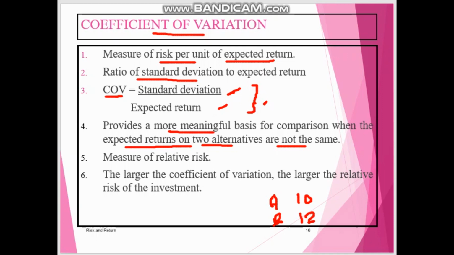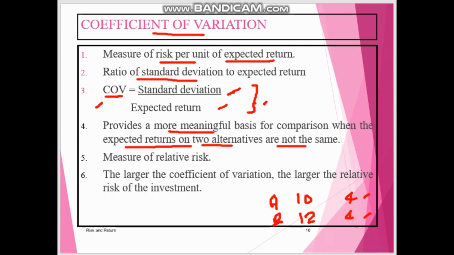Even though maybe our standard deviation is the same, 4%, which one should we choose? Even though the standard deviation is the same, we couldn't make a conclusion. So we have to calculate in terms of 1 unit of return, which is the coefficient of variation.